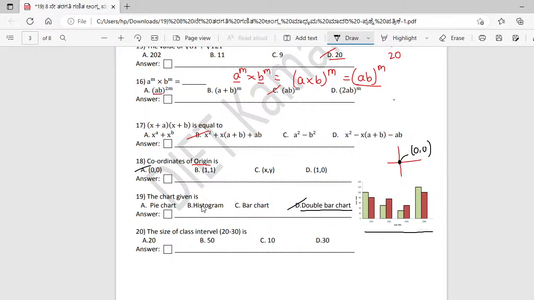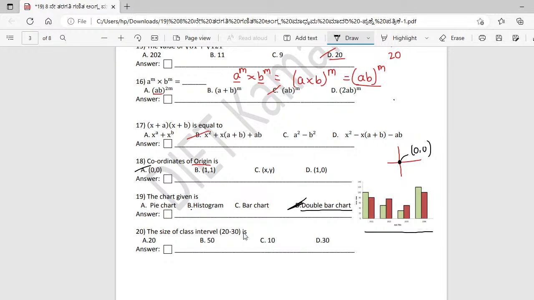We cannot go with histogram because for a histogram we need the class interval, and they have not mentioned any class interval. Also, in a histogram there will be no gap between the bars, but you can see there is a gap, so it is not a histogram. So the option remaining for us is the double bar chart, and that's our answer.